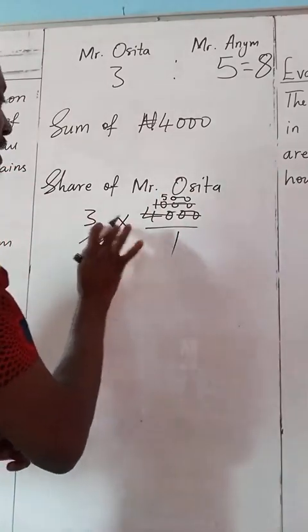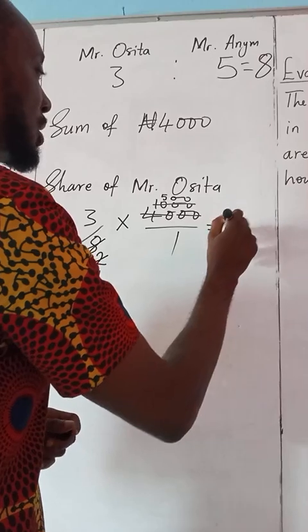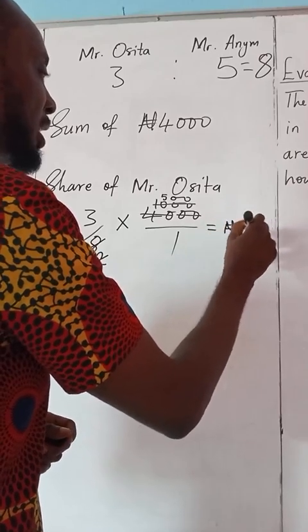Now 3 times 500 will give you 1,500 naira.